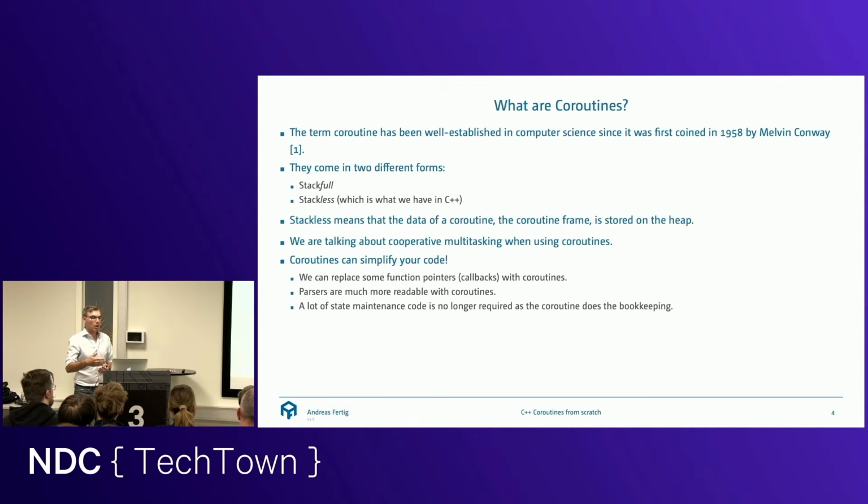So whenever you invoke a coroutine for the first time, that means in the background you get a heap allocation, if we do not think about heap allocation elision, which compilers might do. But this is the general idea. This is where all the data from a coroutine is stored.